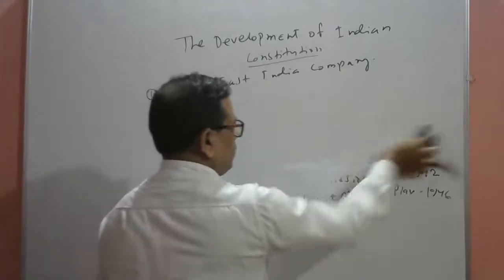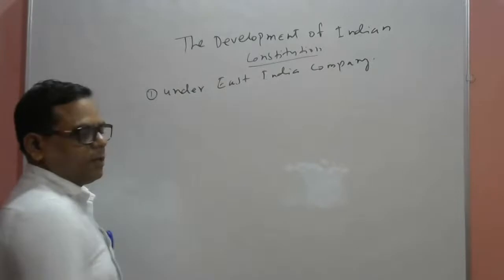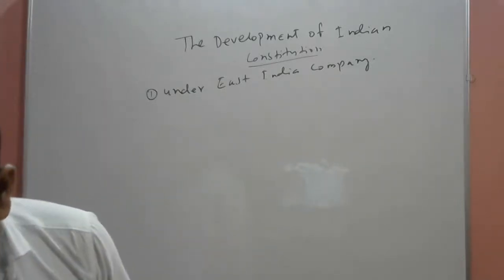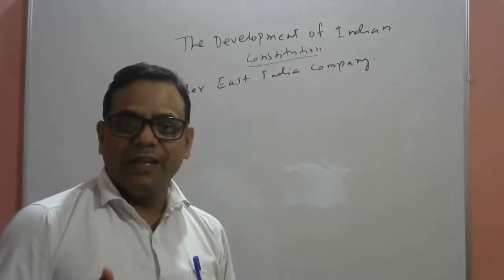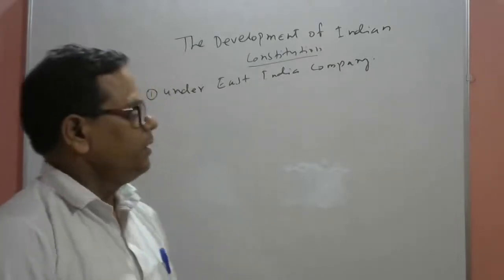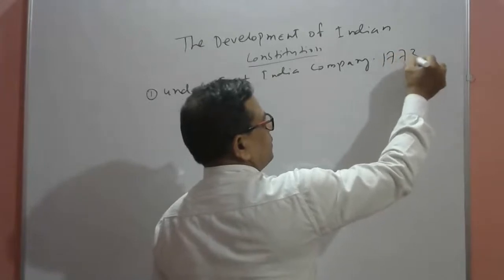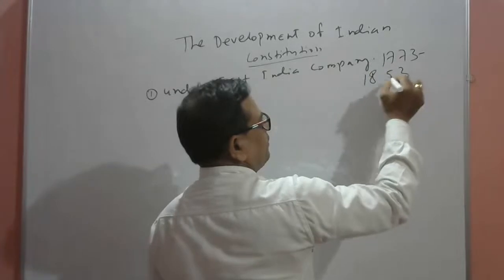We are going to discuss this important thing: under East India Company, what were the main issues in the development of the Indian Constitution, 1773 to 1853.